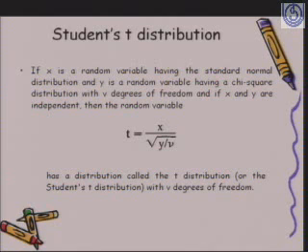If this kind of equation is found, then we say that it is a t distribution, also called the student t distribution with nu degrees of freedom. Student is the pen name of the inventor of this test, whose actual name was W.S. Gossett. He was a mathematician but popularly known as student.